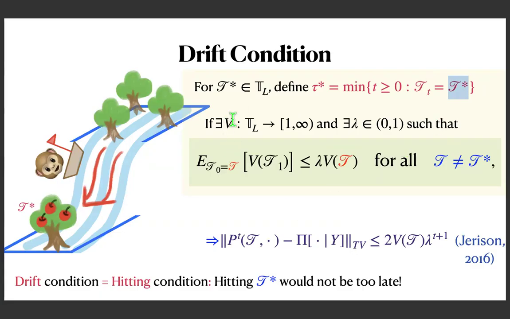And if we can find such a V, the total variation distance would decrease exponentially again, and by using that, we can show the mixing rate.